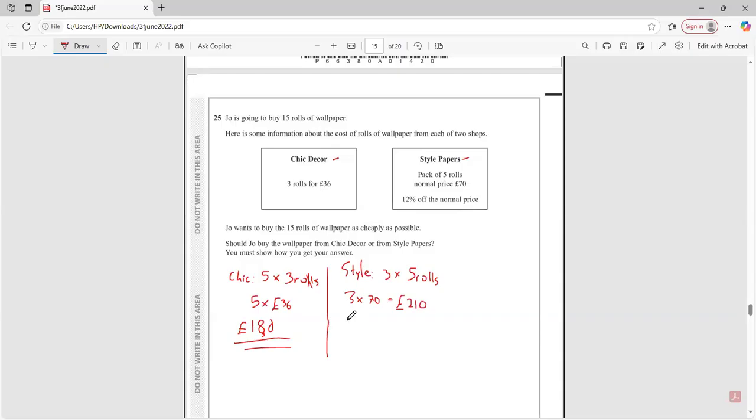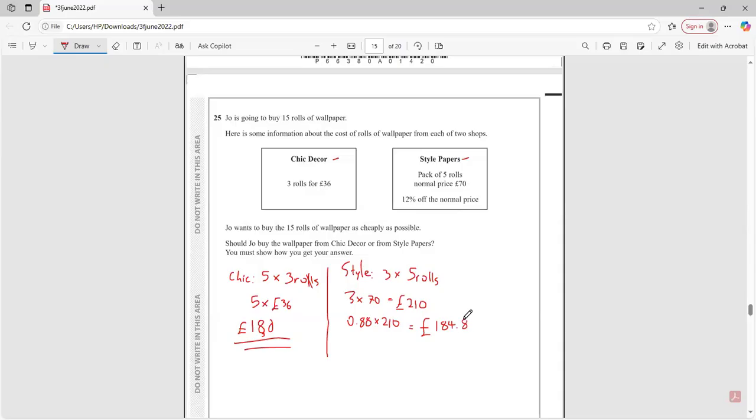So that's going to be 88% or 0.88. So the price that he will pay will be 0.88 times 210. Can you help me crunch this on your calculator? 0.88 times 210 is 184.8. Yes.